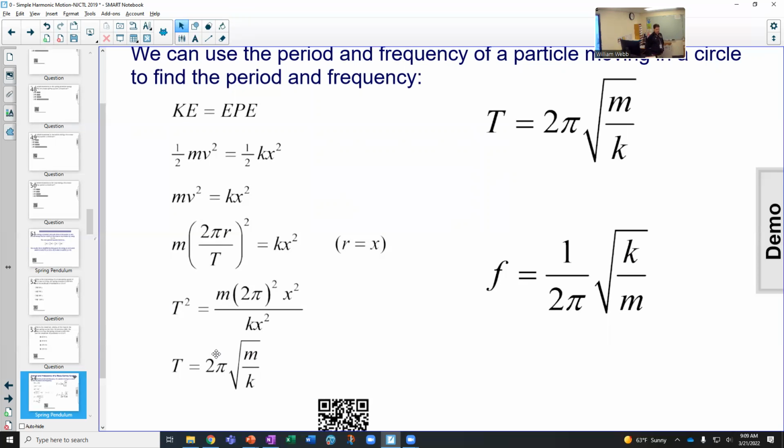So again, I like to show you a lot of deriving equations, because as you're seeing more and more on your own tests, and you'll see in May, they often ask you to derive equations, and they want you to start with something you know, plug in other things you know, and come up with something new.